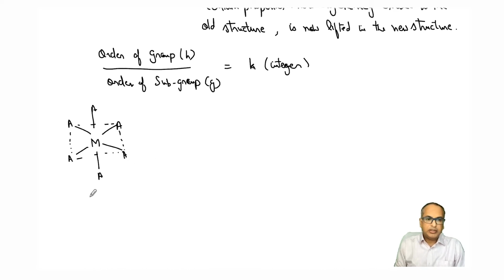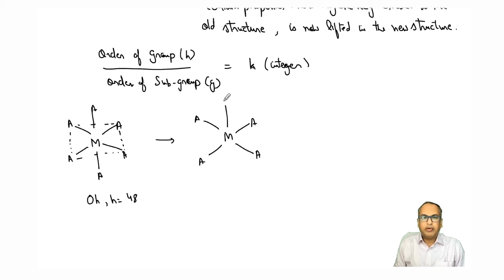Now this point group is Oh and the order h is equal to 48. Let us now say we substitute two of these A atoms with B. There is some reaction which does that. So what do we get? We get this.